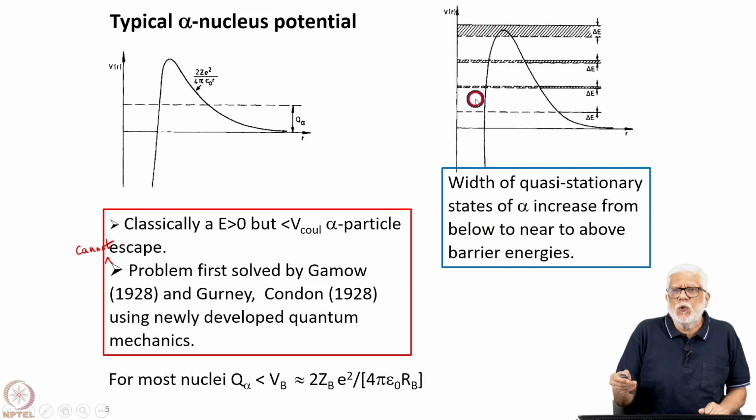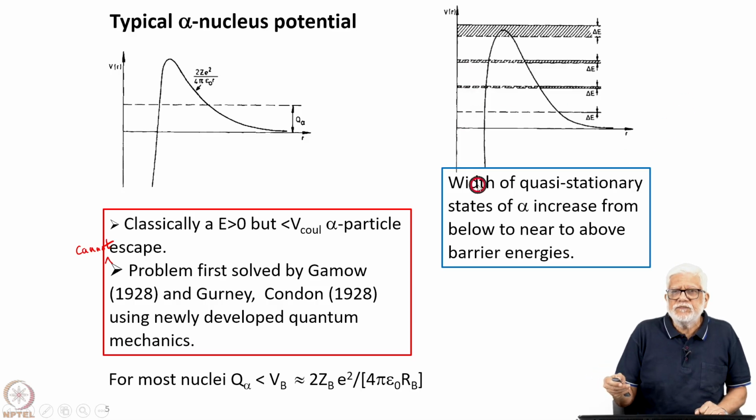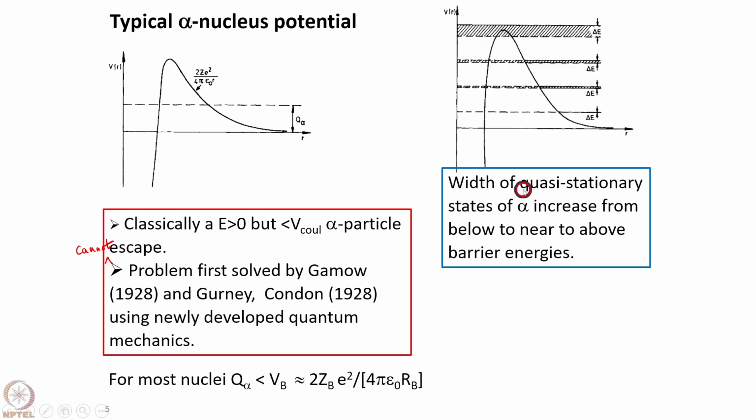These are called quasi-stationary states, because a state of alpha in the well cannot live forever. Depending on its energy, it will escape to infinity, and the probability of escape keeps increasing with the energy of the alpha, from below barrier to near barrier, and then above barrier.